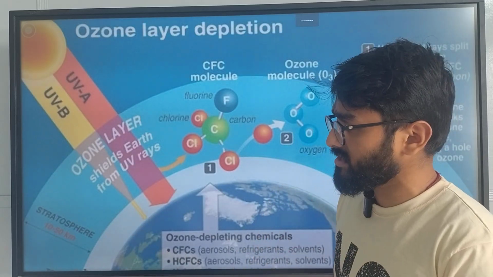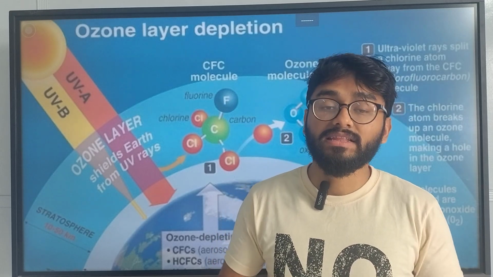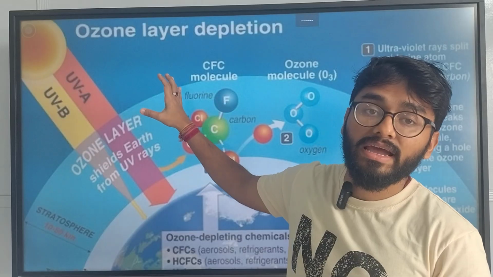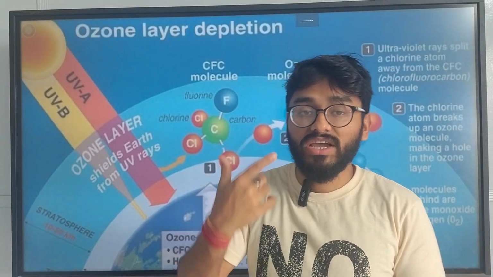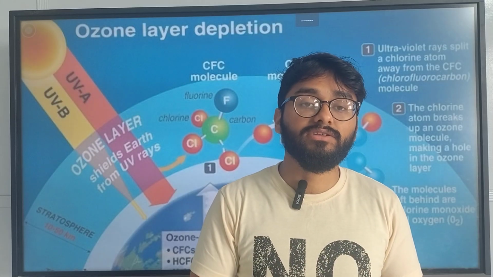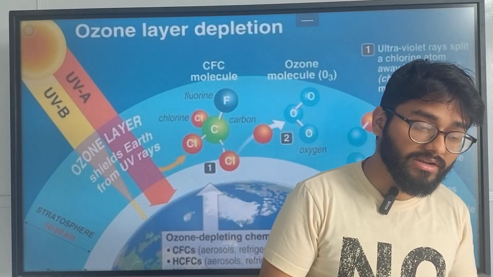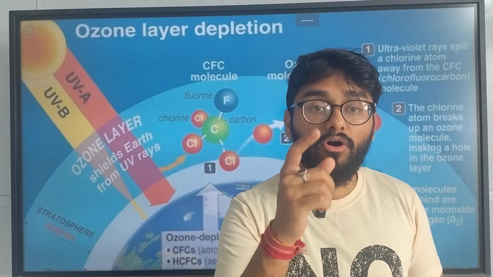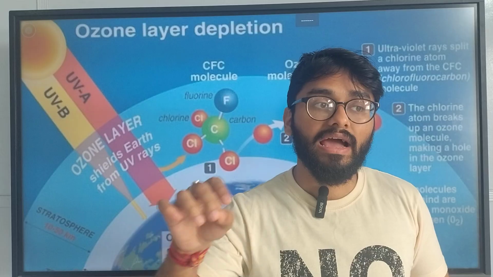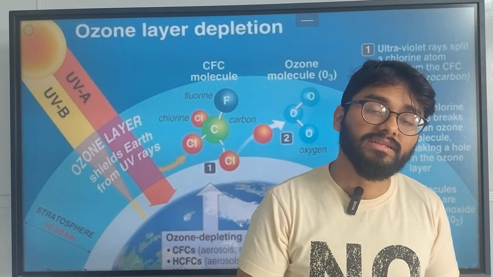Because they release something called CFC, chlorofluorocarbon, and what it does is that it binds with the ozone in the atmosphere, changing it to your O3, reacting with your nascent chlorine, which forms oxygen and removes the O3 part, and thereby depleting the layer of the ozone in the atmosphere.